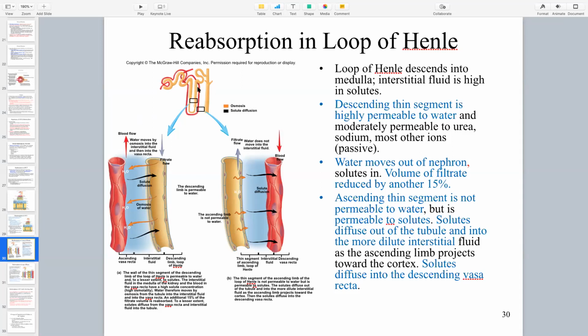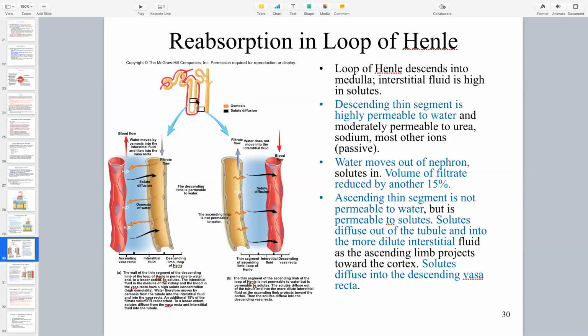And some of the salts we pump out on the ascending limb stay in the interstitial space, in our medulla. Because of it, that's what drove water to leave on the descending limb. So you have one part of the limb, the ascending limb, completely causing what happens on the descending limb.